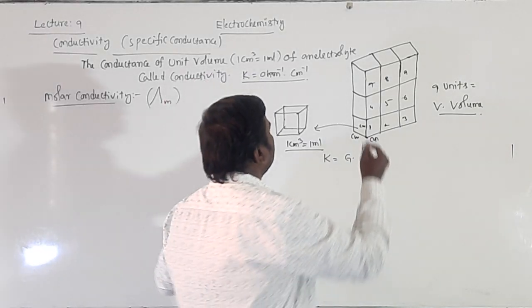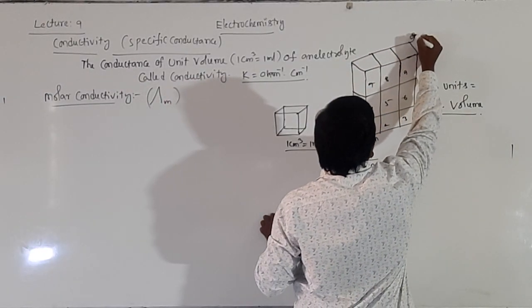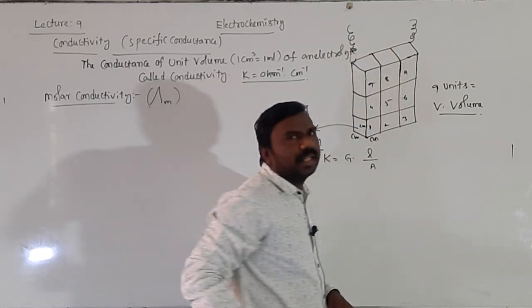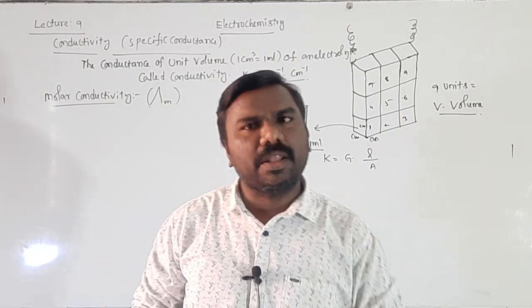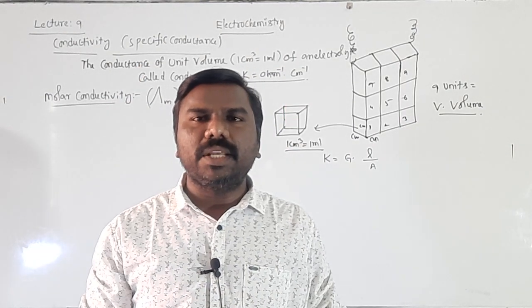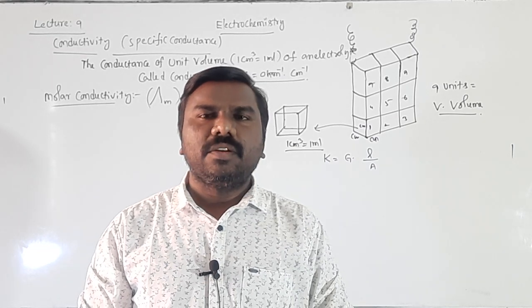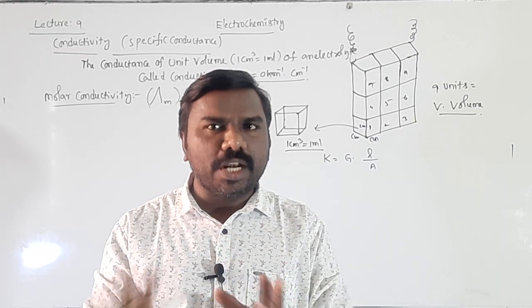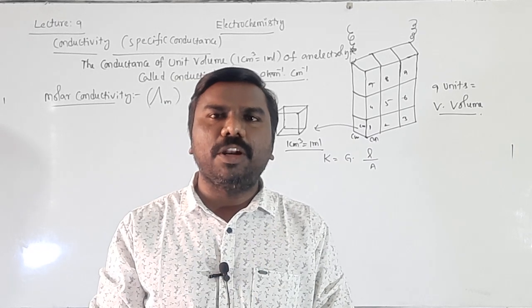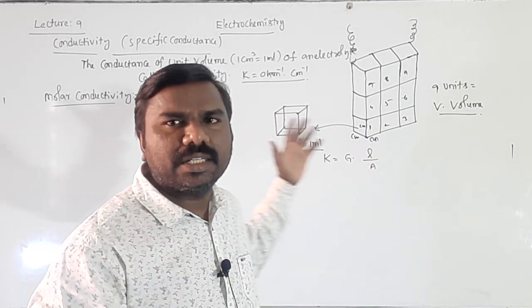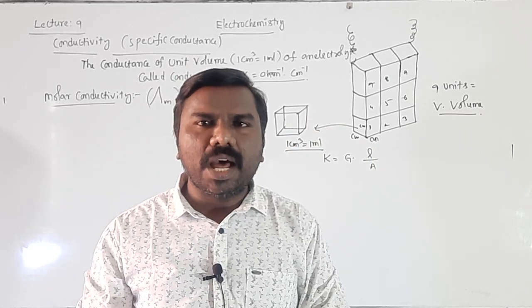So here, this is an anode and this is a cathode. Two electrodes are there, one is anode, another one is cathode. In between, if you place 1 molar of an electrolyte with V volume, not 1 unit but many units, that conductance is named molar conductance.